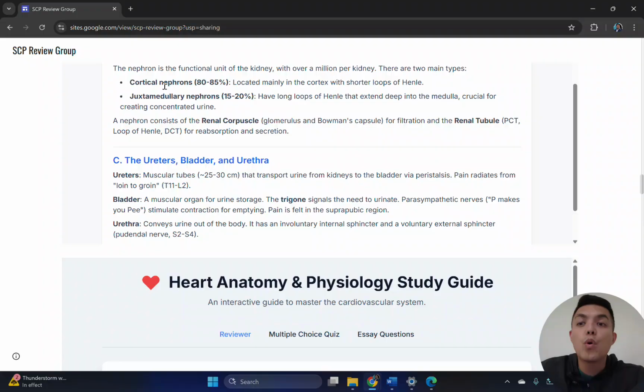First are the cortical nephrons, 80 to 85%, located mainly in the cortex, with shorter loops of Henle. Next are the juxtamedullary nephrons, 15 to 20%. They have long loops of Henle that extend deep into the medulla, crucial for creating concentrated urine.